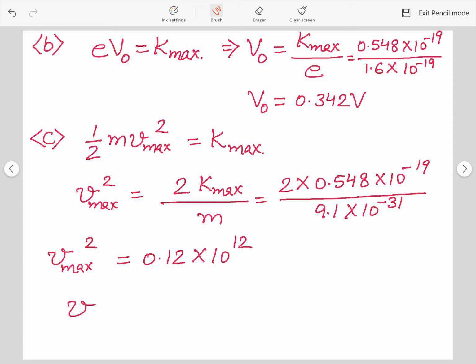Then V max will be, take square root both sides, we will get 0.345 into 10 raised to power 6. Unit will be meter per second, or you can convert it into kilometers as well. This is part C that is solved.